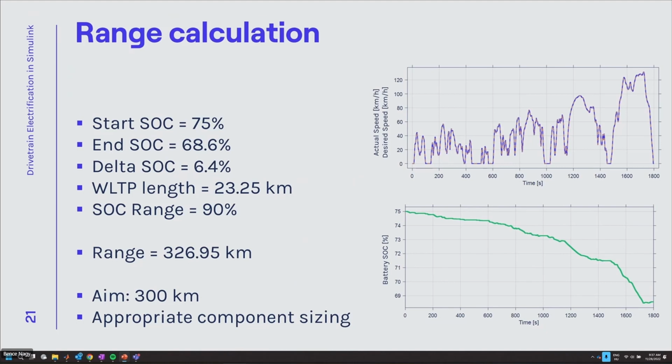From this, we can see that our component sizing was appropriate, and the 46 kilowatt hours battery pack is enough for us for the 300-kilometer range with this configuration. I think this really highlights the advantage of model-based design, because in just a couple of minutes, we have the results and we have the range and we have everything that we needed.